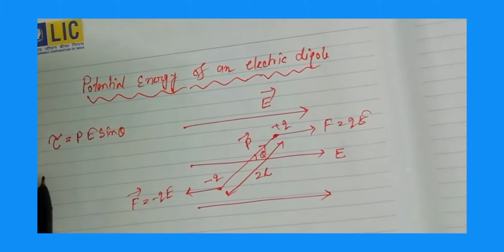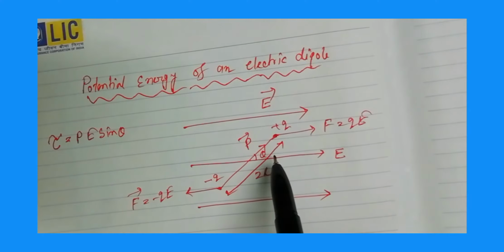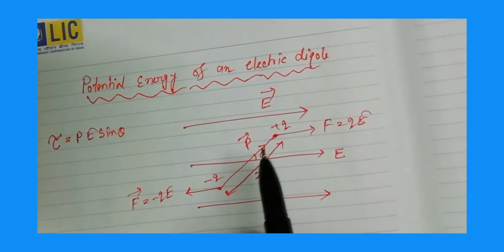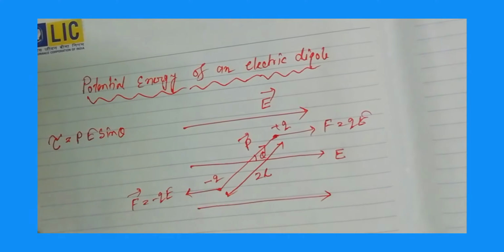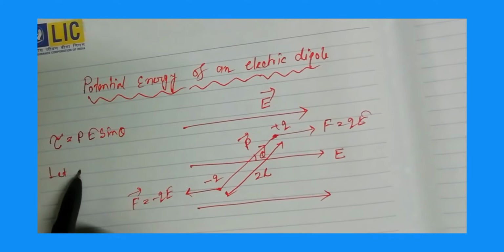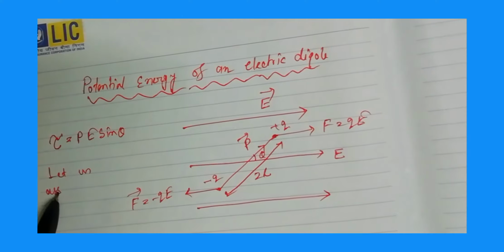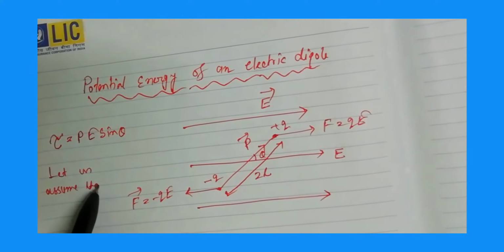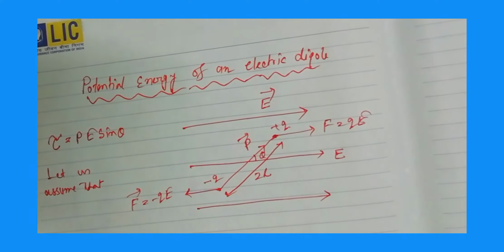So due to this torque, due to this force, this dipole will rotate about its own axis. Let us assume that the dipole rotates by an angle d theta.